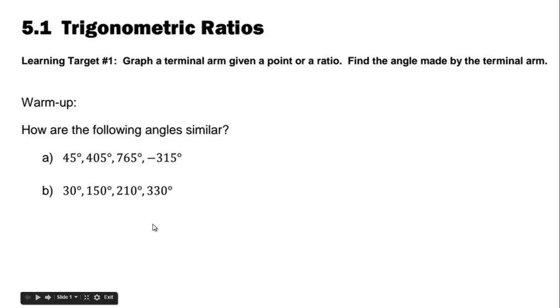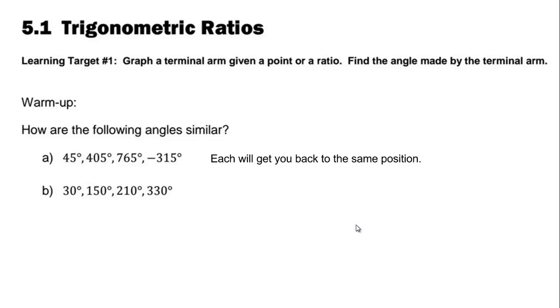I'd like you to think about that for a second. For the first set, if you turned 45 degrees, or if you turned 405 degrees, you would end up in the exact same position. That position is what we're going to call the terminal arm. Pretend you're standing and you turn 45 degrees. If you turn another 360 degrees, that's a total of 405.